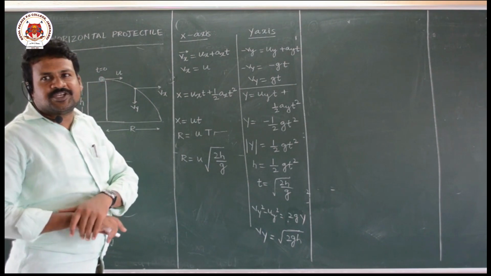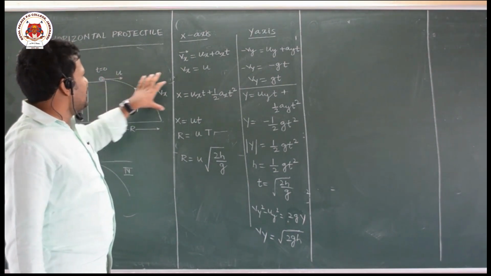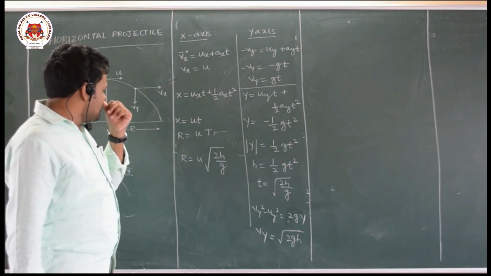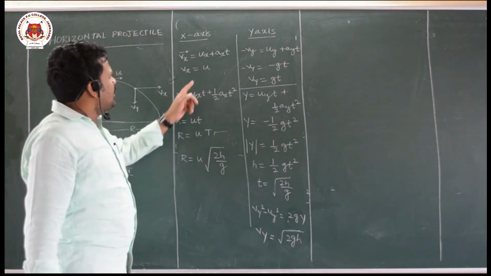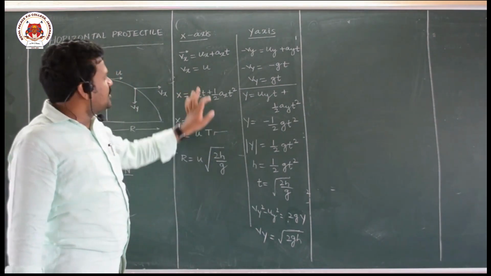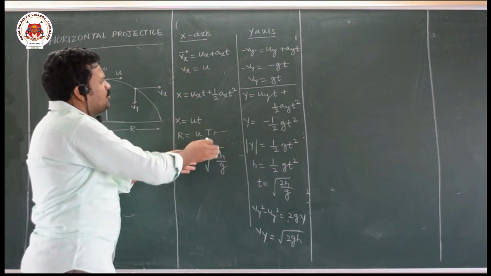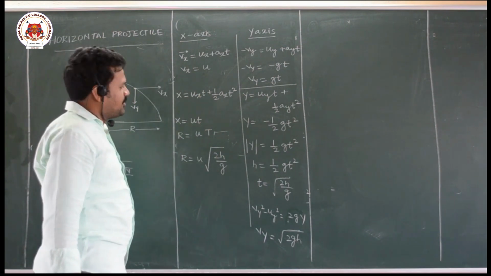From your motion in a straight line, you will get one conclusion here. This motion I can define in x axis and y axis very easily. If you observe this, it is a body travelling with uniform velocity u. There is no change in the velocity, uniform distance it is covering.